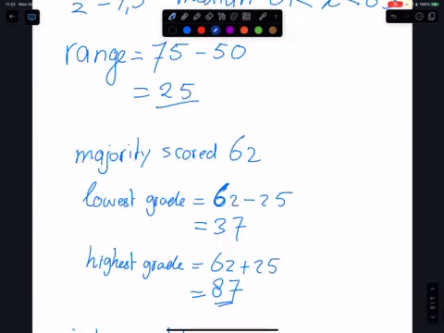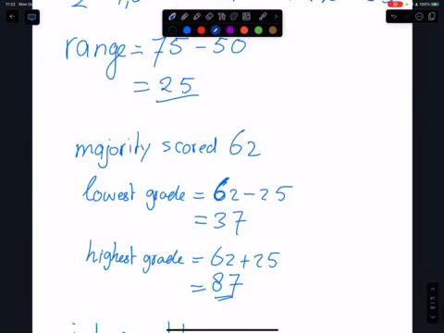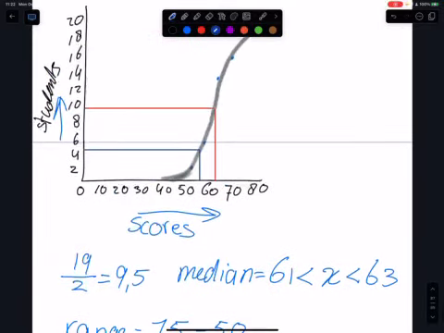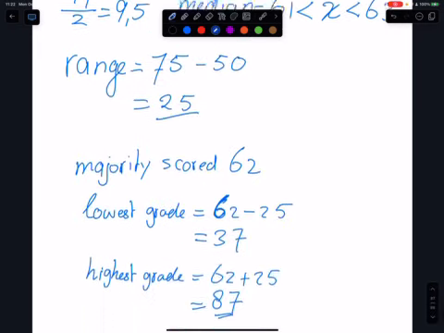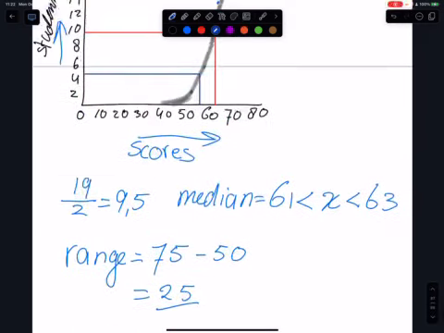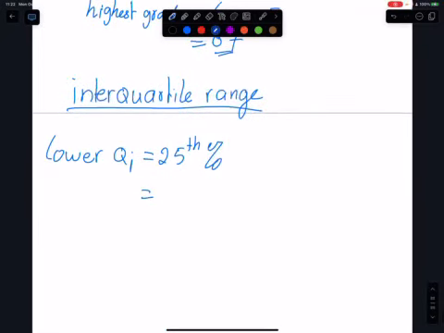The lower quartile is the 25th percentile of the students. Correct. And that is about somewhere between 56 to 57. 55.5 to 57, somewhere there. Let's say between 56 and 57.